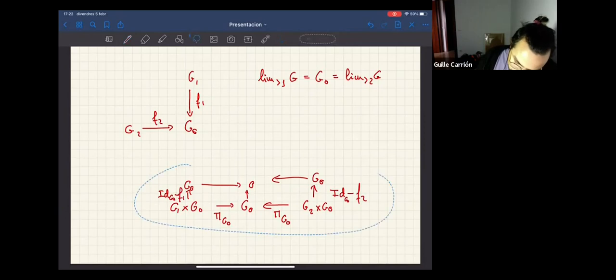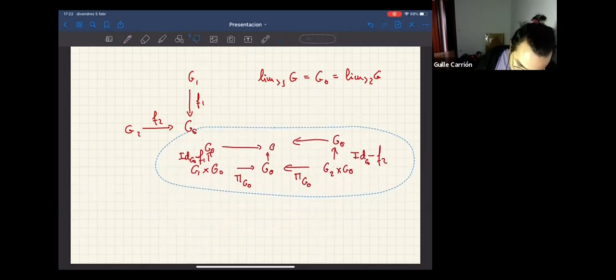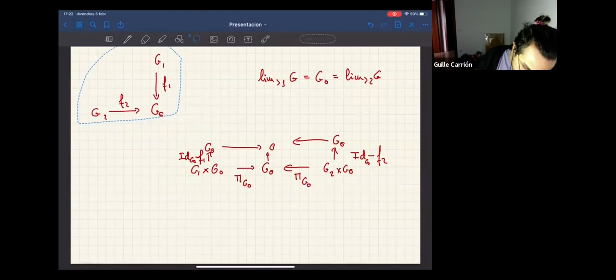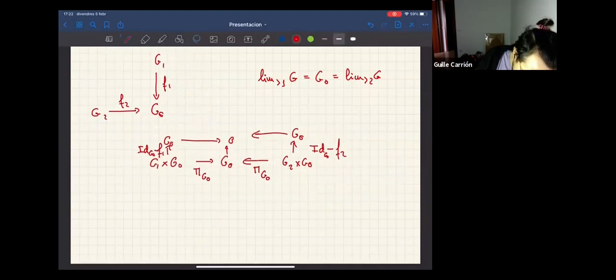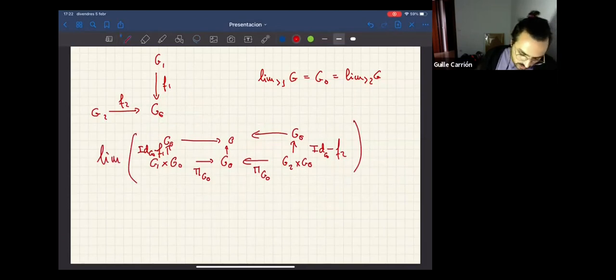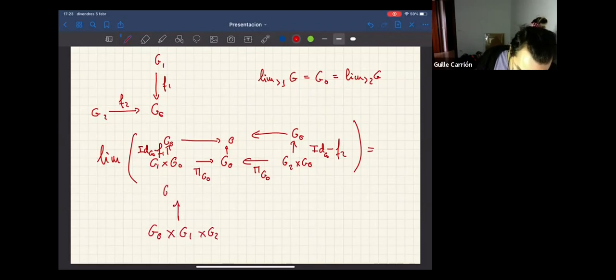So if we want to compute this higher limit, we should compute the limit of this, degree-wise. So this is G0 times G1 times G2, then G0 times G0.